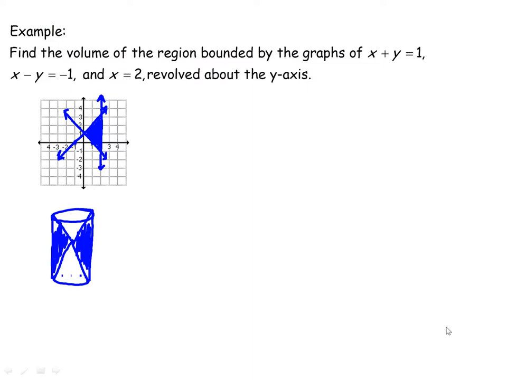It's going to be reamed out. And this is why you have the washer method. Because when you make concentric circles about the y-axis, this center part's going to go away. That's why you have the washer method, because we're going about the y-axis. So you have the center part gone.